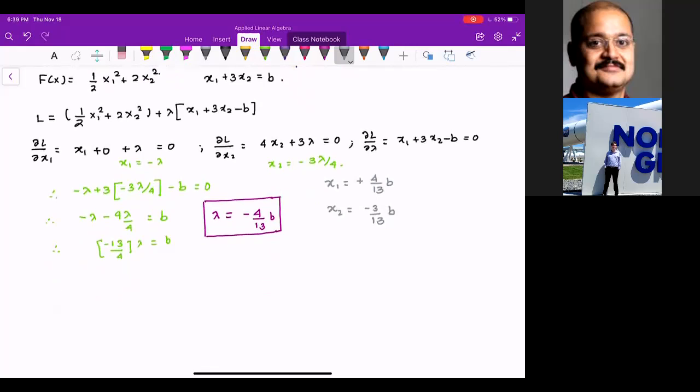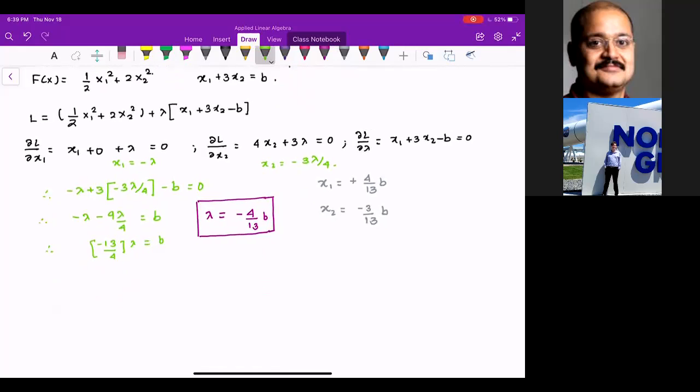And then you will get the value of the cost function, x1 star, x2 star. So this is 4 by 13 b.